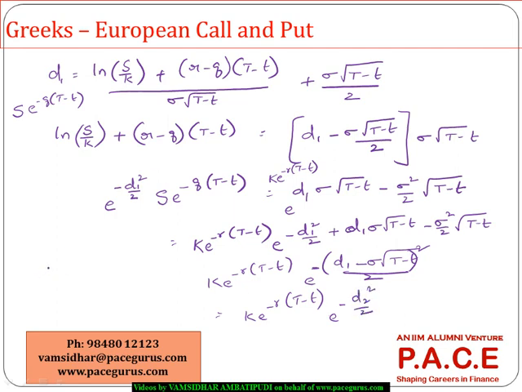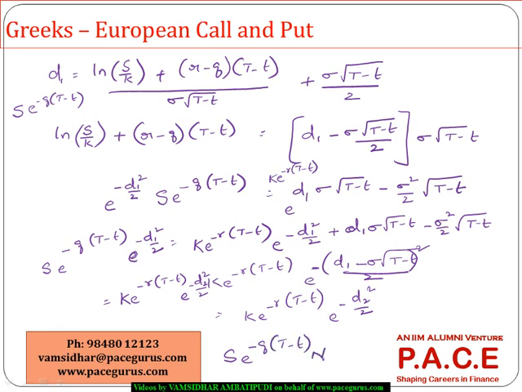So overall it is coming out that S into e power minus q T minus t into e power minus d1 squared by 2 is equal to K e power minus r T minus t e power minus d2 squared by 2. So this part is coming out as S e power minus q T minus t N dash of d1 is equal to K e power minus r T minus t N dash of d2.